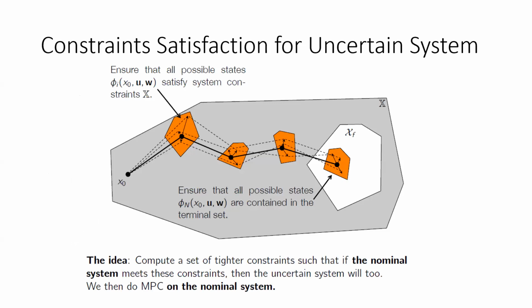And here is a more detailed illustration of how we enforce constraints for an uncertain system. This is definitely a bit better picture than the one I drew over there. As you can see, this is the feasible set for X. When we are generating a trajectory, we don't want any points on the trajectory to go outside the feasible set of X. In the nominal system, we know our X is just going to be this solid line here.